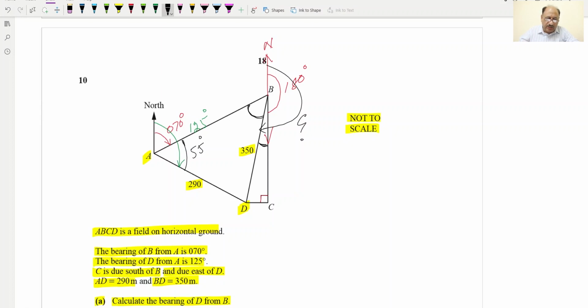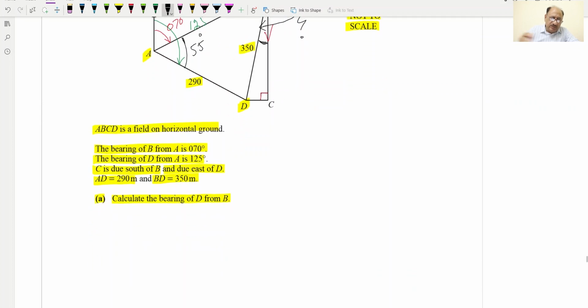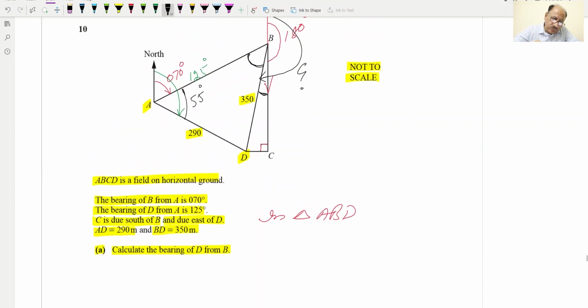For this one we can apply the sine rule on triangle ABD. In triangle ABD, we can write 290 over the opposite angle. The opposite angle will be this one. So 290 over sine of angle B is equal to 350 over sine of 55 degrees.